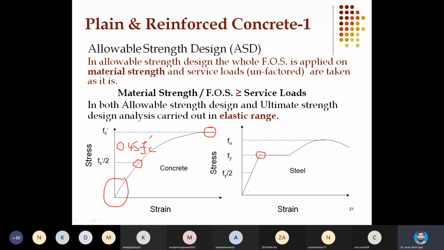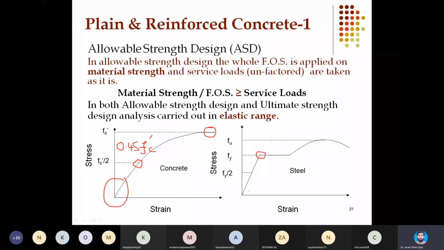That's it. But since I'm using a composite material, composite of steel and concrete, I have to decide for both the materials where will be the stress magnitude in that material.